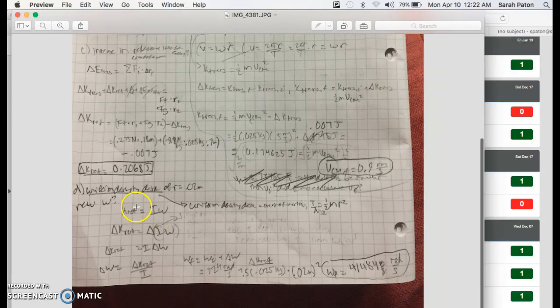Finally, the last question asks about my new omega, which again involves the extended system. I know that because it's a uniform density disk, because of my knowledge of inertia, the general formula for inertia is m r squared, but for a disk, the inertia is 1/2 m r squared. So because I know that delta K rotational is related to the inertia and omega, and the inertia doesn't change as the mass and the radius of the yo-yo don't change in this problem, my change in rotational kinetic energy must give me my change in omega.